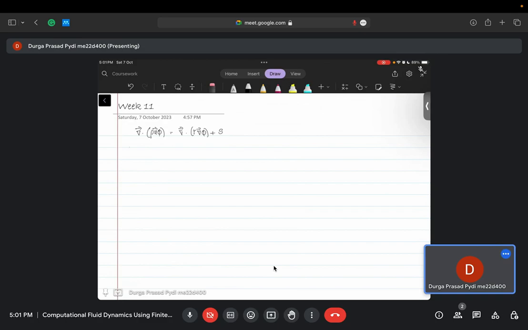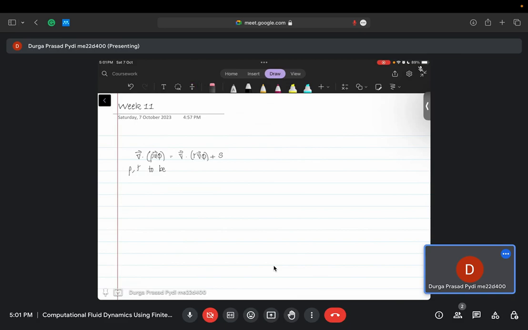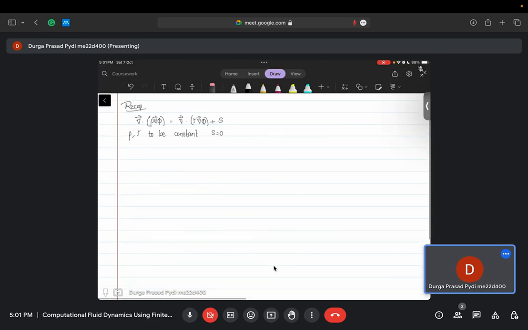So when we have rho and gamma to be constant, and for the case when S equals 0, we have a domain, and let us say it's a 1D domain.